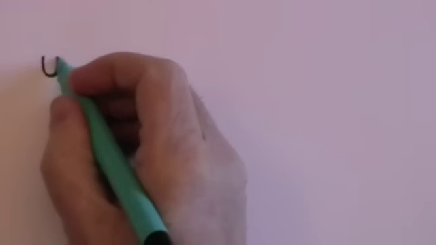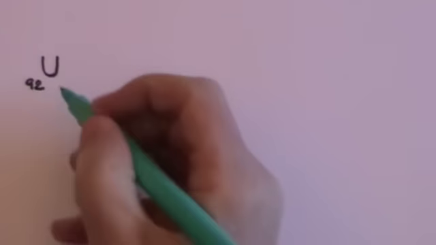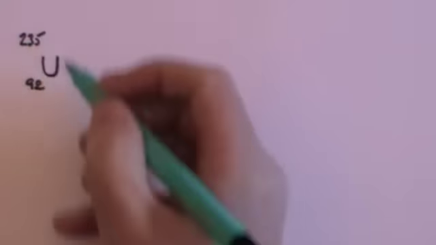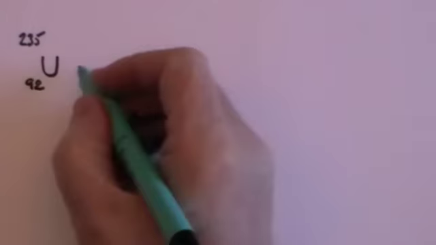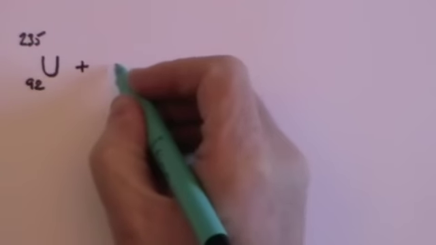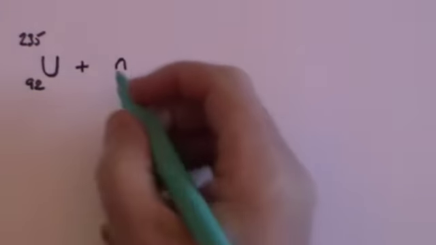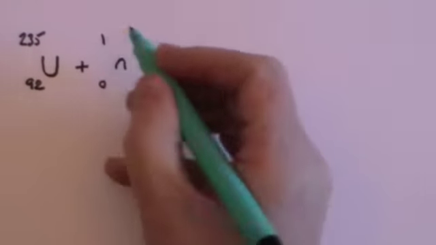We start with uranium, which of course has 92 protons, and in this particular case it has 235 protons plus neutrons. It's called uranium-235. We add to that the thermal neutron, which of course has no protons and one neutron.